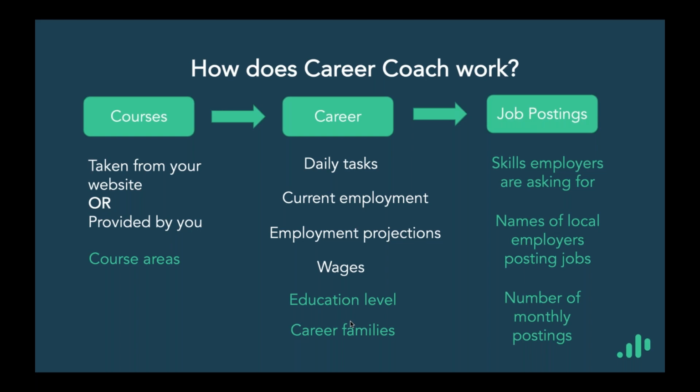And these are similar careers that you might go into or have similar skills, tasks and knowledge and behaviours attributed to them. On top of that, we've got job postings. So we've got two sets of data. We've got traditional structural labour market data, and then we've also got what we call that real-time data. And this is that next level of detail to help us understand what skills employers are asking for, and then more specifically, how many monthly postings there are for these types of jobs and the names of the local employers posting.